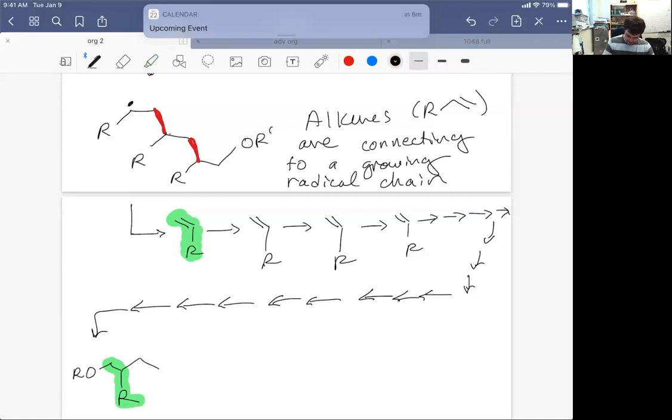And that's going to attach to another alkene atom by way of this new bond. And we're actually going to repeat this pattern over and over again. CH2, CHR, CH2, CHR, CH2, CHR, CH2, CHR.